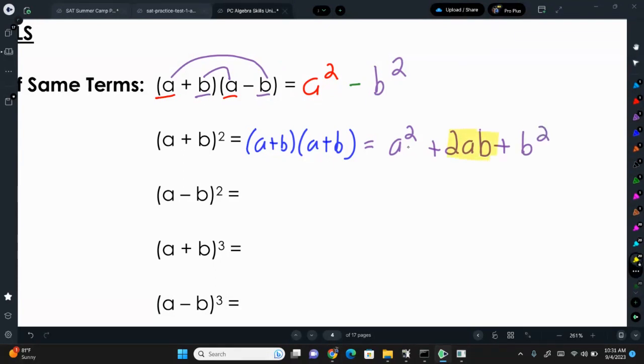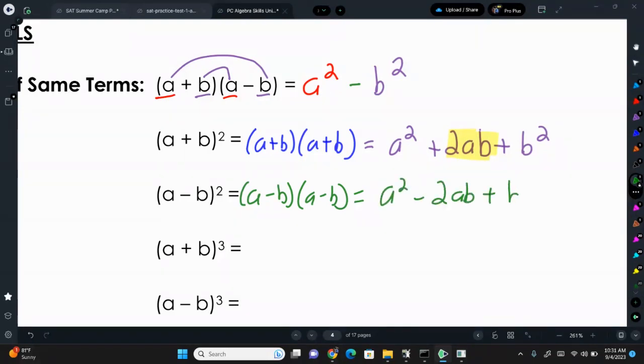So that would be your middle term here, and you'd multiply it by 2. A minus b quantity squared, again, would be a minus b times a minus b. That would equal a squared minus 2ab plus b squared. Now, these shortcuts will make it a bit faster, but if you ever forget the shortcut, no worries, you can just multiply it out.